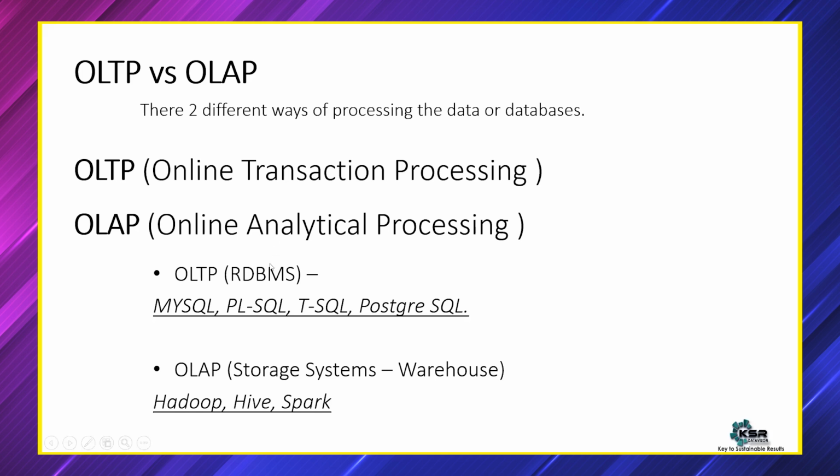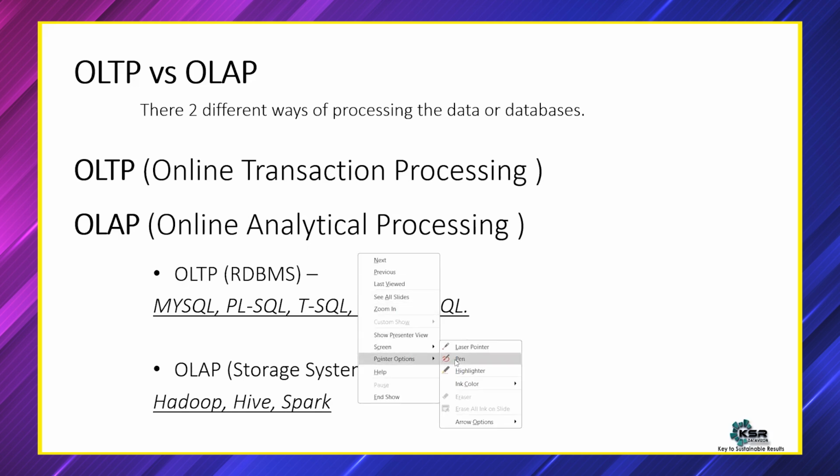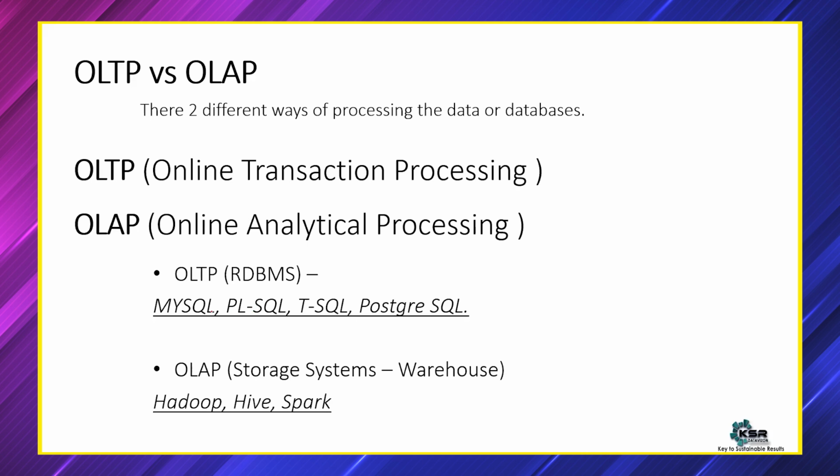Now, OLTP is more specifically a relational database management system, which includes all the SQL related concepts, the relational concepts, where the information is updated in a timely manner. This is very fast. This has to be updated on a frequent basis. It can't be neglected.